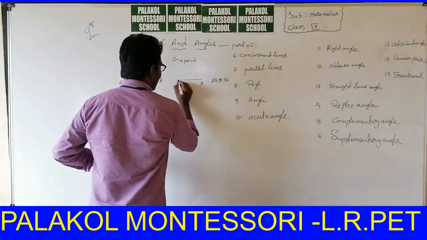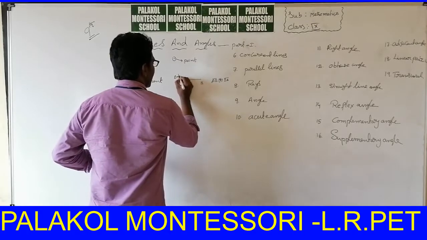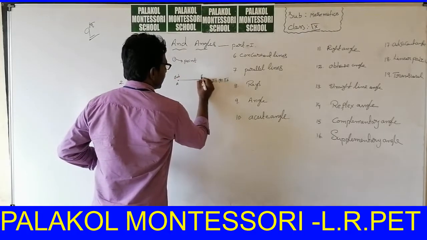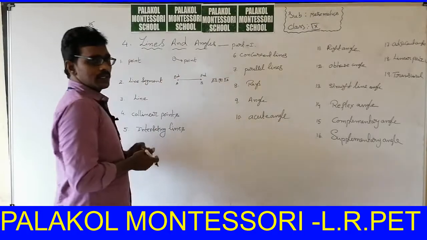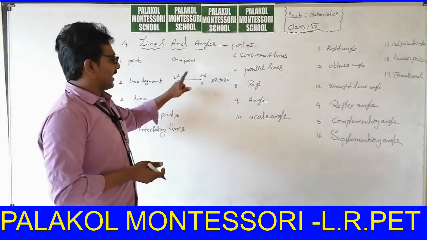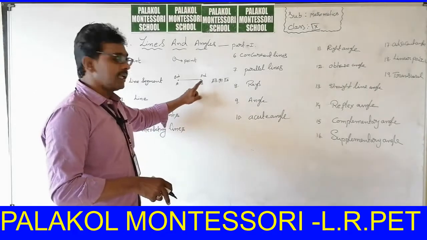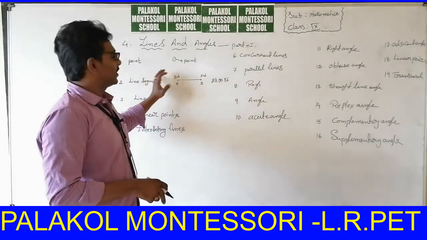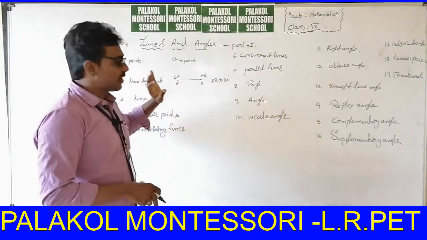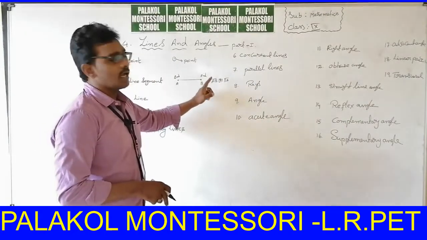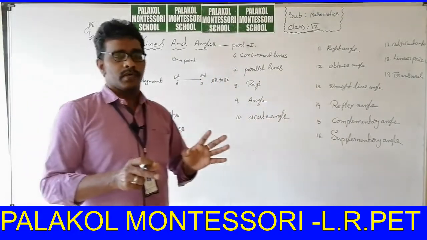One end is A, another end is B. Suppose you start at A, its end is considered B. If you start at B, its end is considered A. So that's why you write AB bar or BA bar, it's no problem.